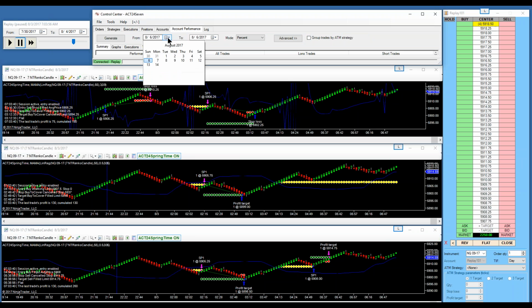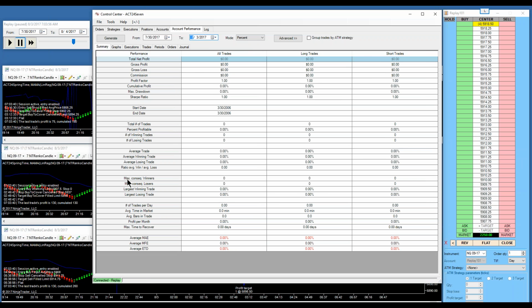But here's where we are. Let's look at this. We're going to look at the performance report so far with our 2250 and see what it is. Okay, you see it? It's 2250.